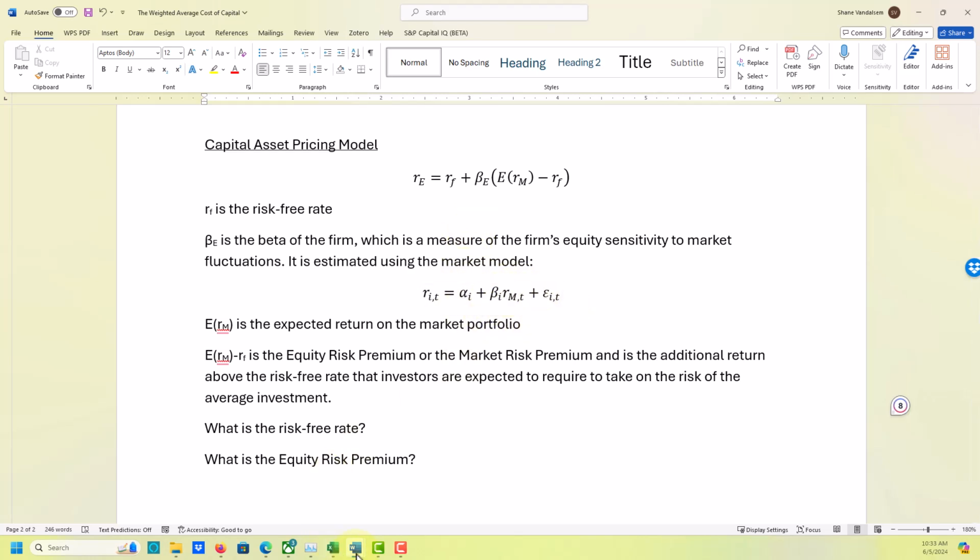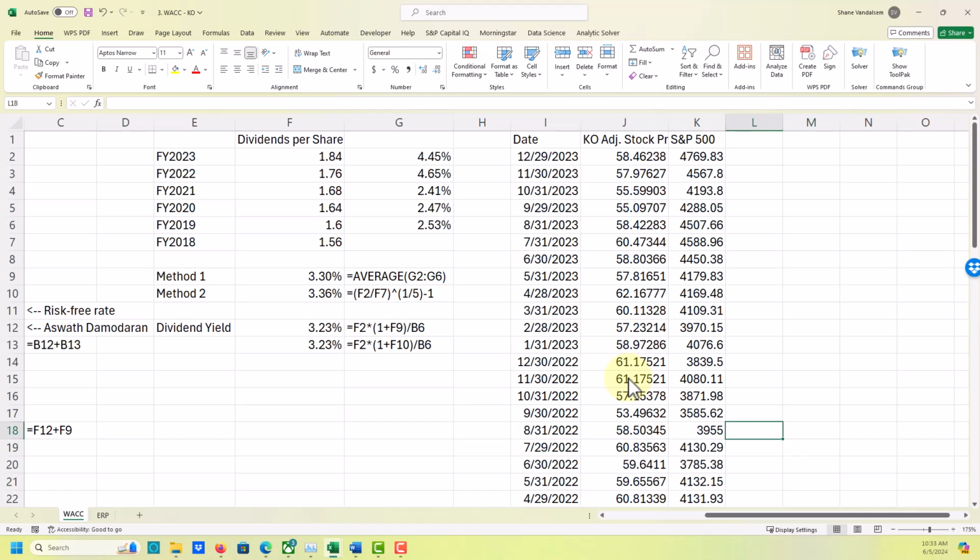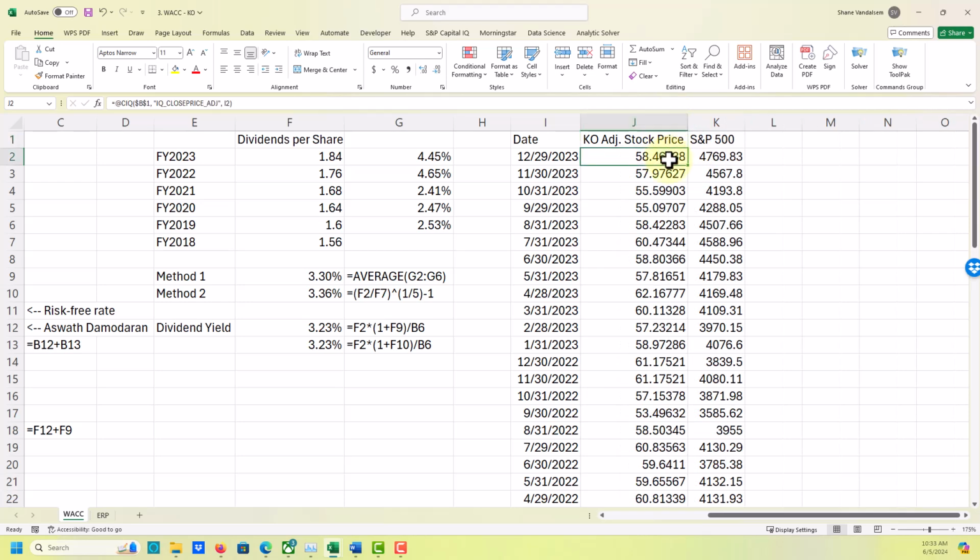So going back to your spreadsheet, over here on the side, I've got the adjusted stock price for Coca-Cola. The adjusted stock price is the dividend adjusted stock price. Coca-Cola pays dividends, and this is the stock price adjusted for that dividend payment, based on the date that I've got here.